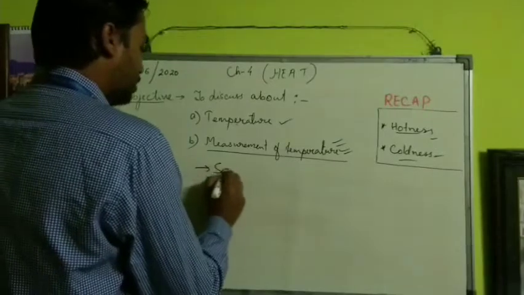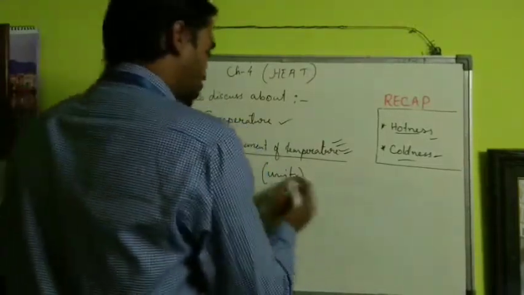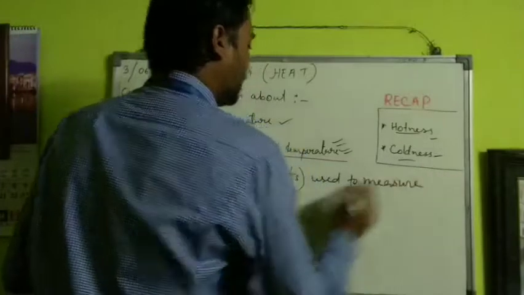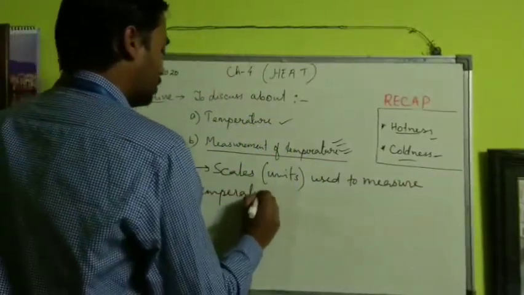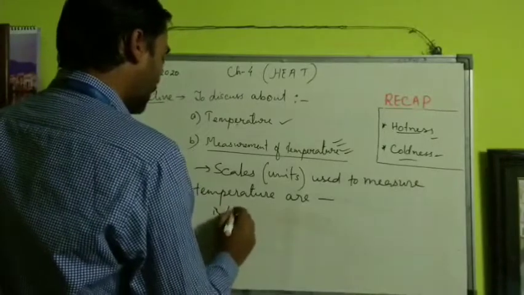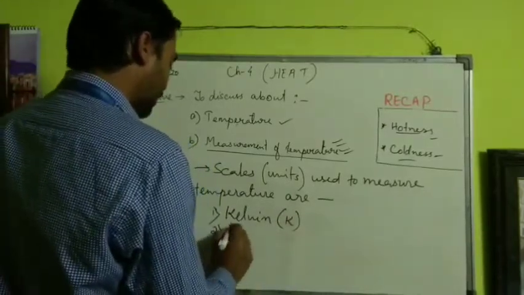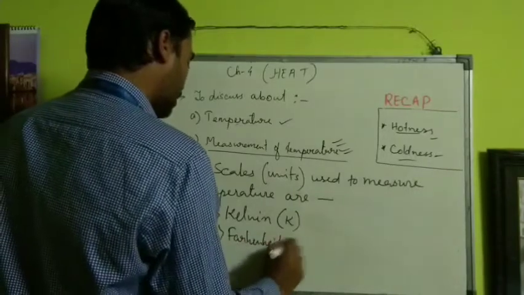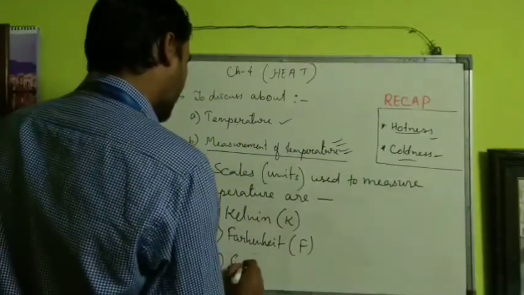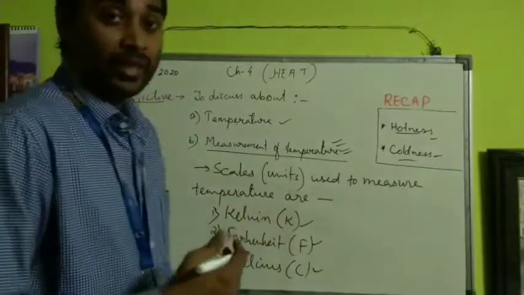Different scales, or we can also call them units, used to measure temperature are: number 1, Kelvin, which is written as K, then Fahrenheit, denoted by letter F, and then the most common one, that is Celsius, denoted by C. So these are the different scales on which we can measure temperature.